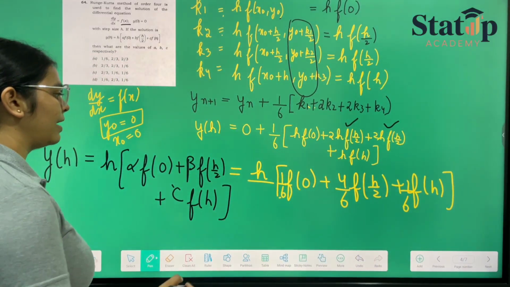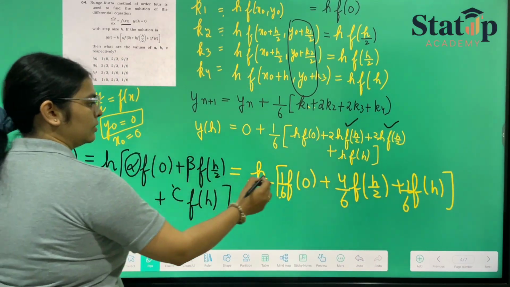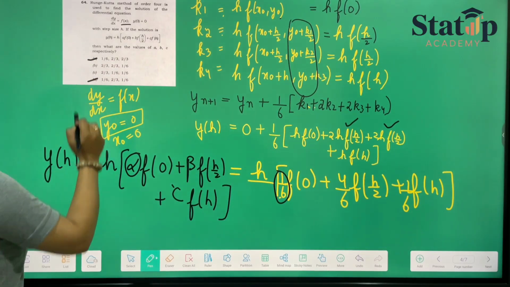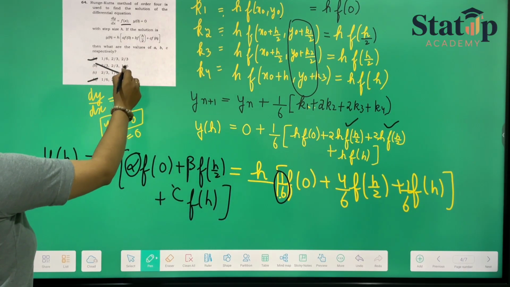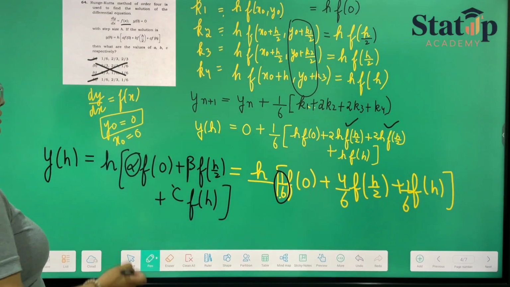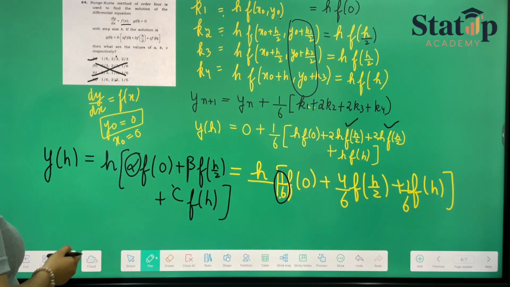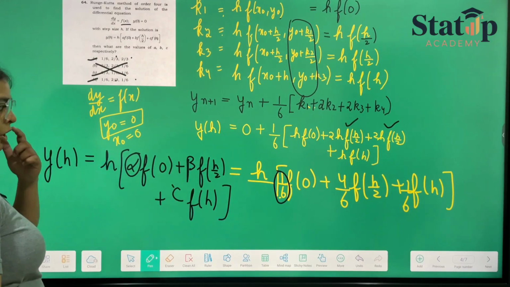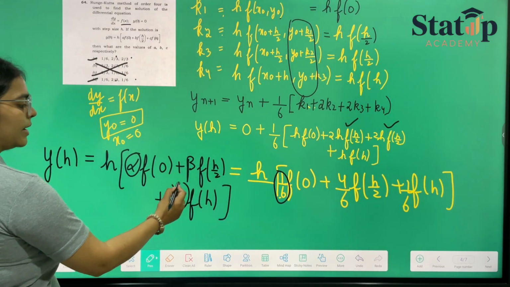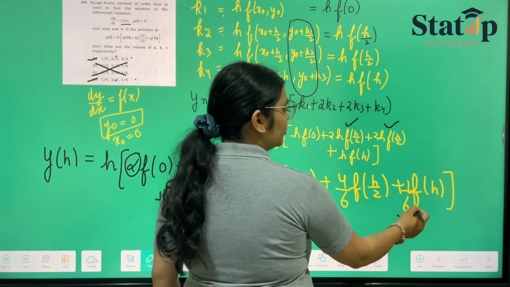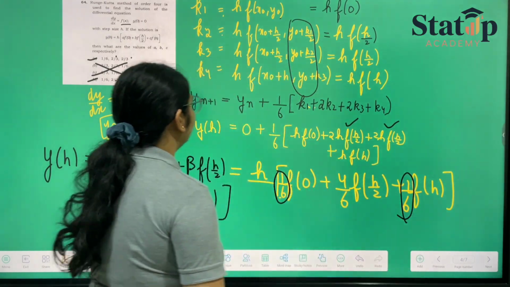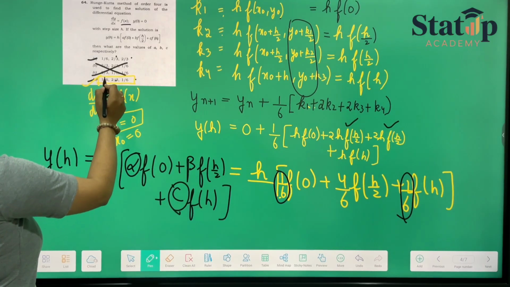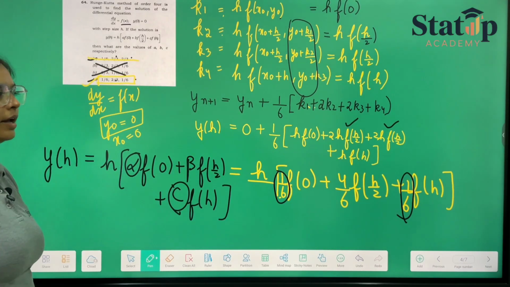Now alpha has the value 1 upon 6. Among the options, only A and D have the value 1 upon 6; B and C don't have it, so we won't consider them. The second option has both the same values, so we won't see that. And in the third option, there is a change in value. So as we compare gamma with the value given here for f(h), which is 1 upon 6, option number D forms the correct answer of our question, and A also gets cancelled.